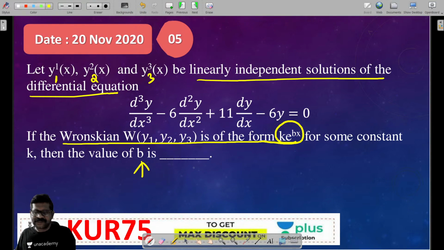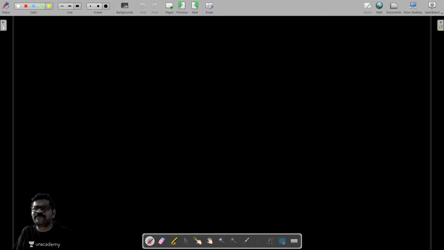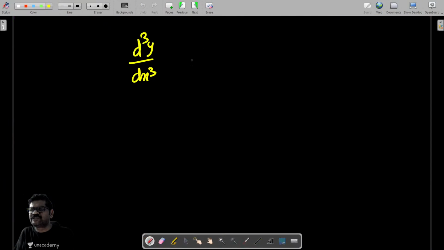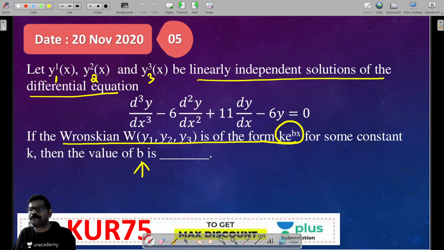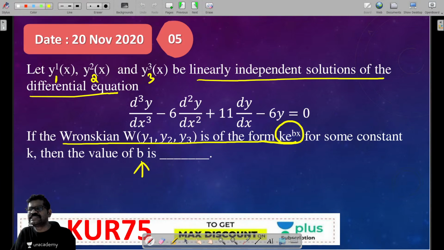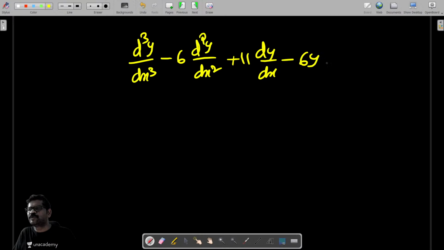Right. Now the differential equation is d cube y by dx cube minus 6 into d square y by dx square plus 11 into dy by dx minus 6y equal to 0.